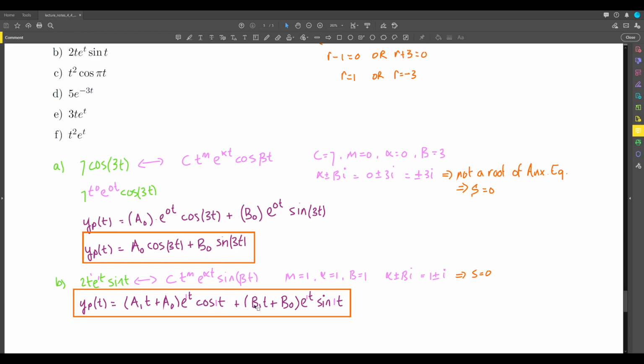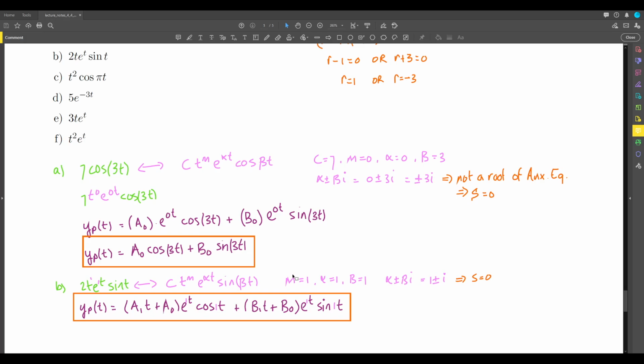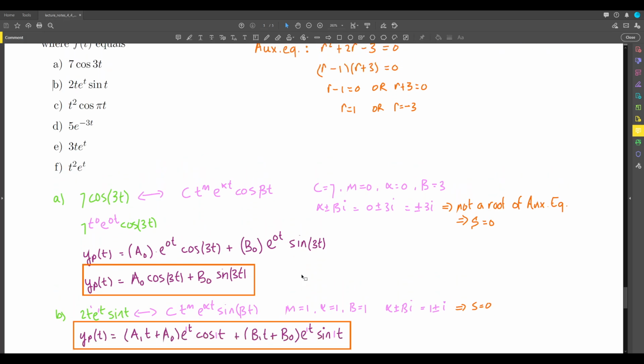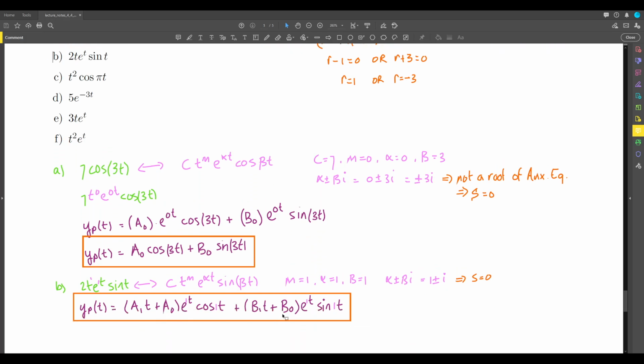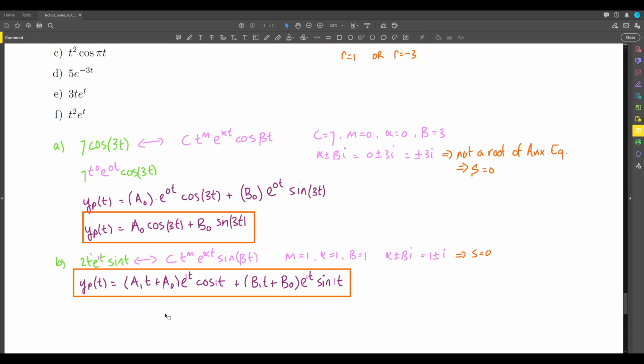Again, we don't want to plug this into the differential equation. That's going to be a lot of work to figure out what the values of a naught, b naught, b1, and a1 are. Okay, the third one is t squared cosine pi t.